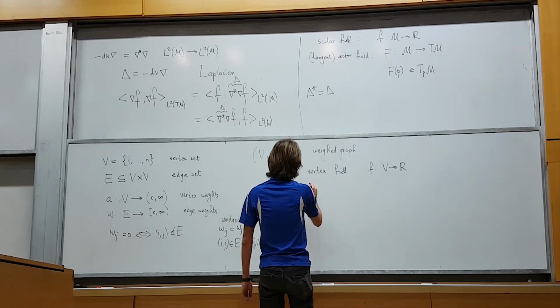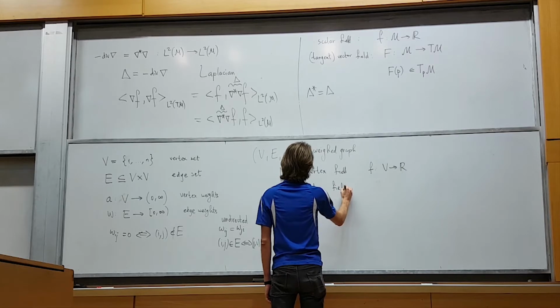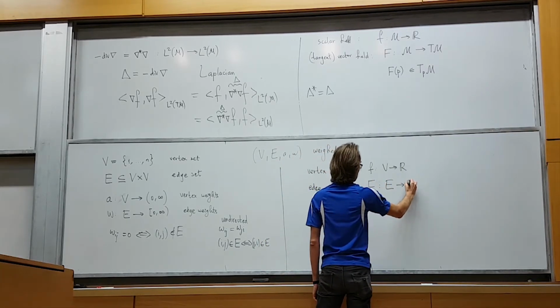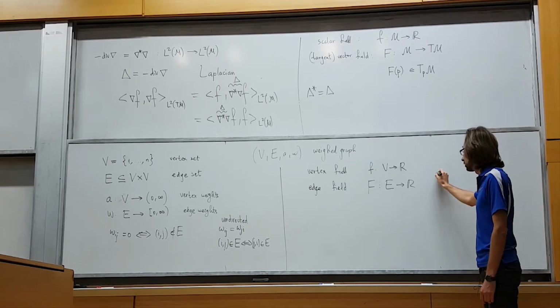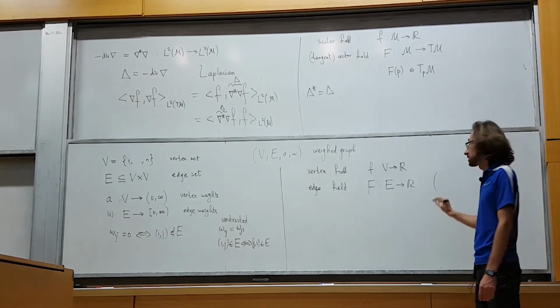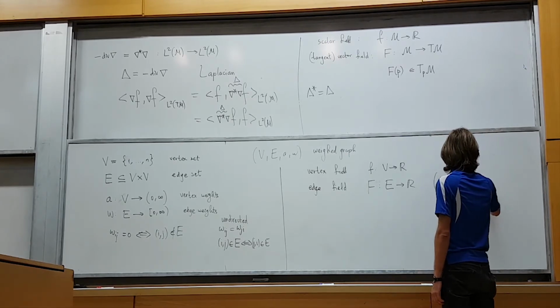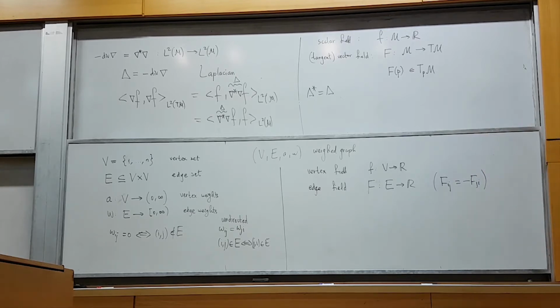And then we'll have an edge field, capital F, from the edge set to R. Okay? And for technical reasons that I'm not going to explain, we assume that Fij equals minus Fji. So if I represent F as an n by n matrix, it will be an antisymmetric matrix, unlike W.